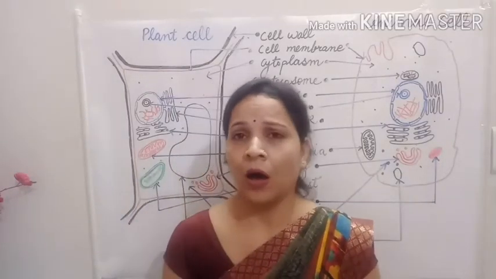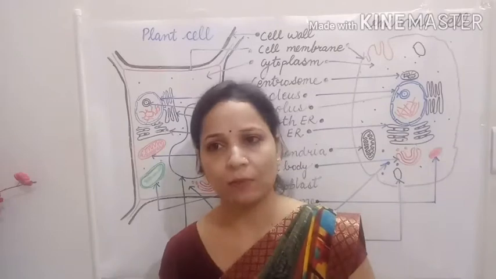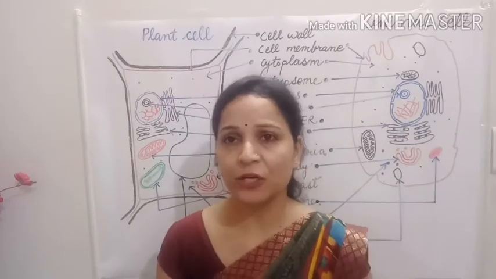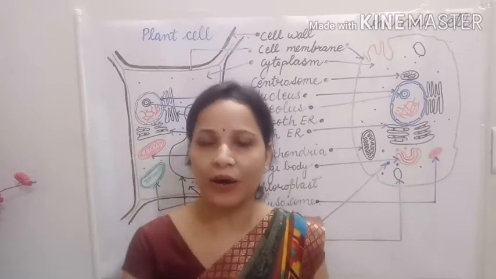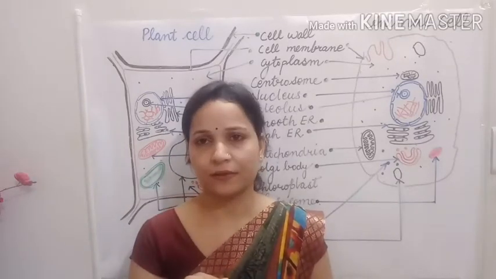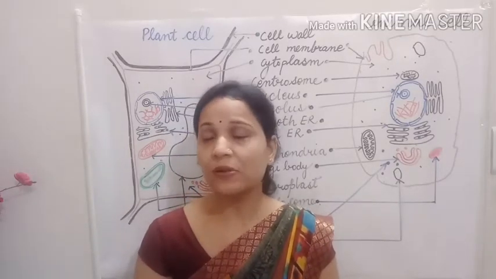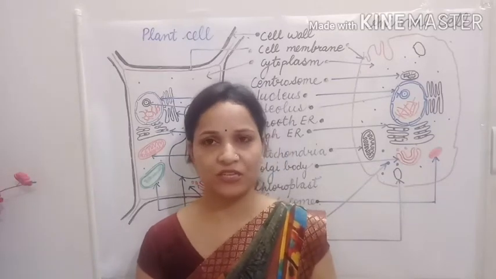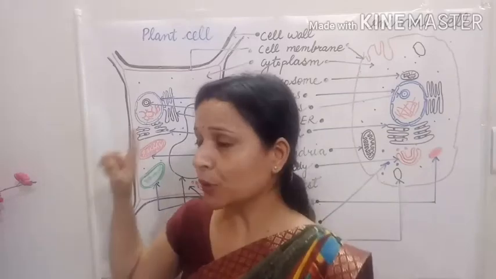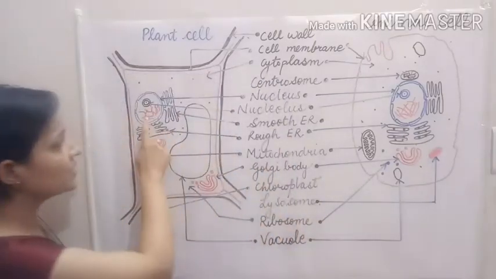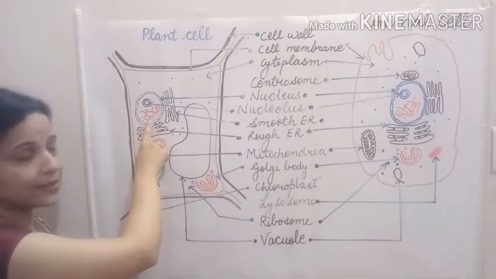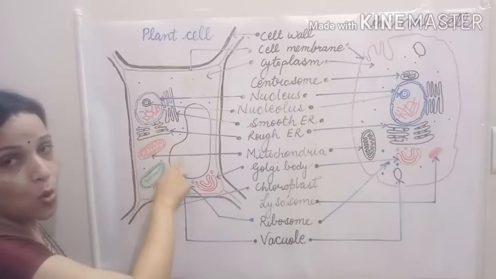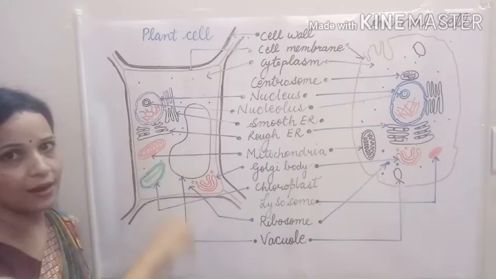Now, here I would like to give you two examples. As you all know, a team is controlled and guided by a leader. Another example, our brain controls all the activities of our body. Just like that, nucleus controls all the activities, all the life processes that go on inside the cell.